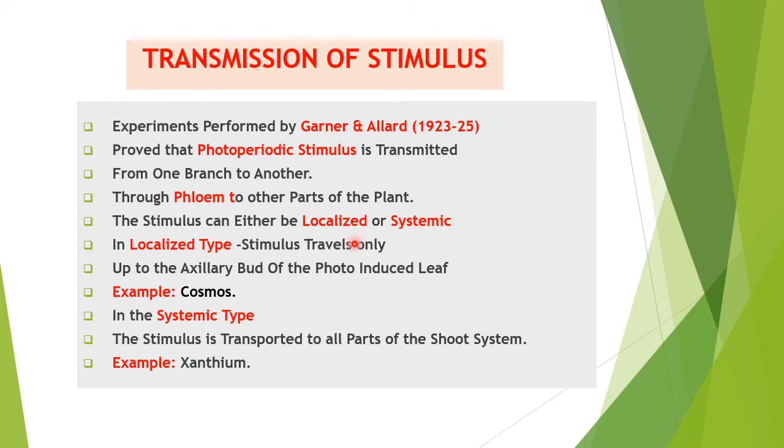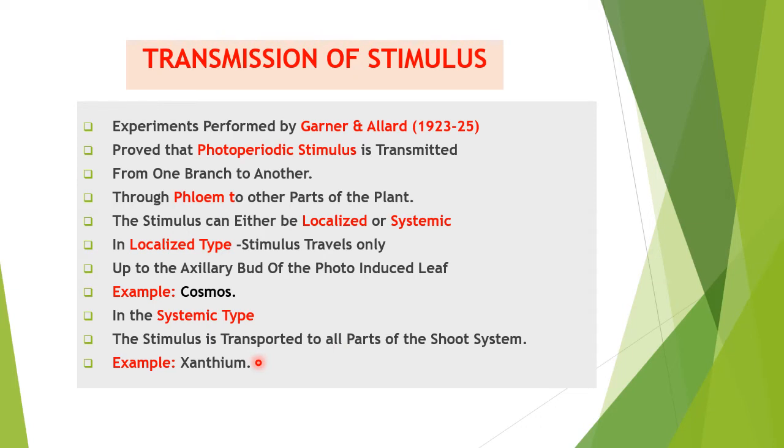Localized means the stimulus travels only up to the axillary bud of the photoinduced leaf. That is, the leaf which has perceived the response, the axillary bud in its vicinity will produce flowering, as has been seen in case of cosmos. Systemic is one where it travels throughout the plant. The stimulus is transported to all parts of the shoot system, as is seen in case of Xanthium.